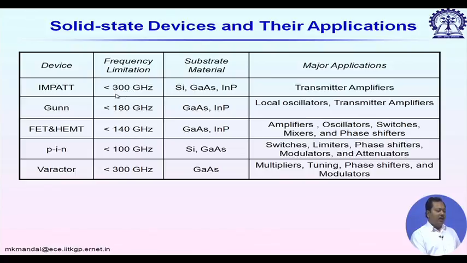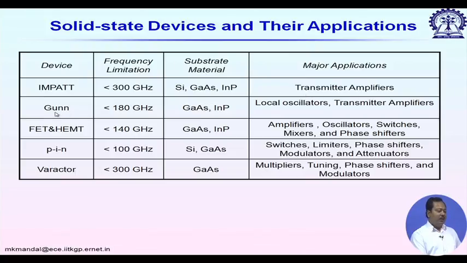But there are examples where the IMPATT diode has been used above 300 gigahertz. Typical substrates used for IMPATT diode fabrication are silicon, gallium arsenide, and indium phosphide, and they are popular for transmitter amplifiers. In high power amplifiers where we need power, we can use the IMPATT diode, but they are not much popular as a millimeter wave source, because they are associated with phase noise.